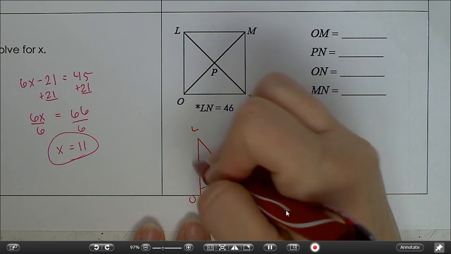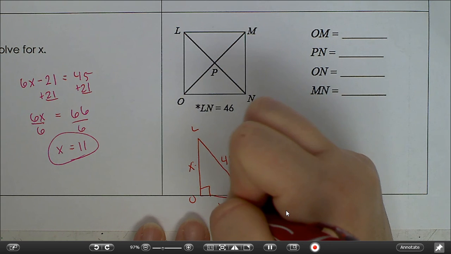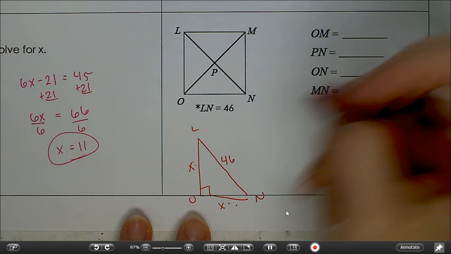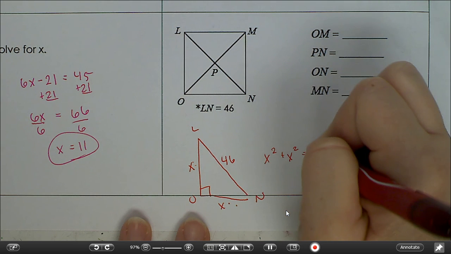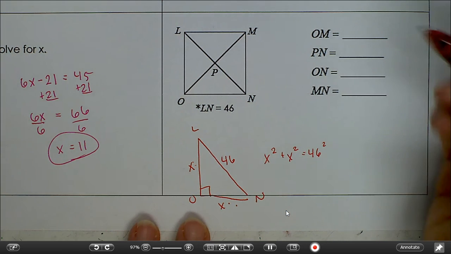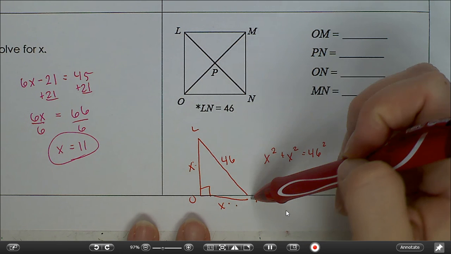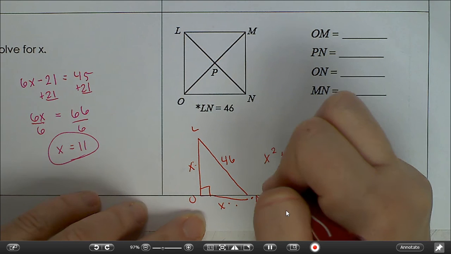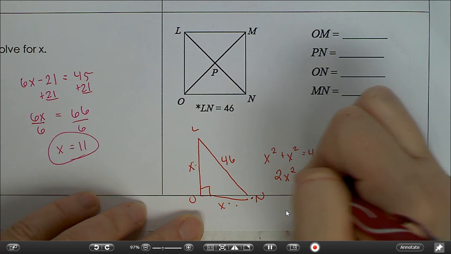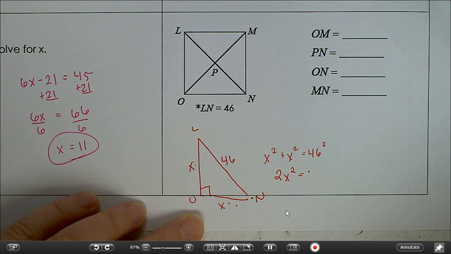We know these two sides are the same, so I'm going to make them both x because it's a square. So this time x squared plus x squared equals 46 squared. This time we know the diagonal, the hypotenuse, but not the actual side length. So 2x squared equals whatever 46 squared is.